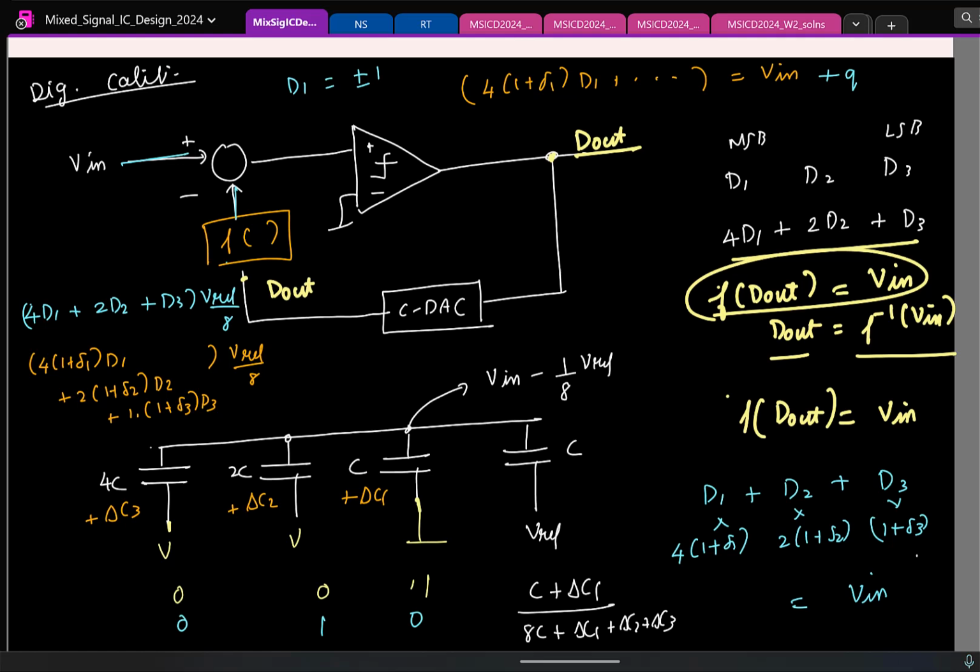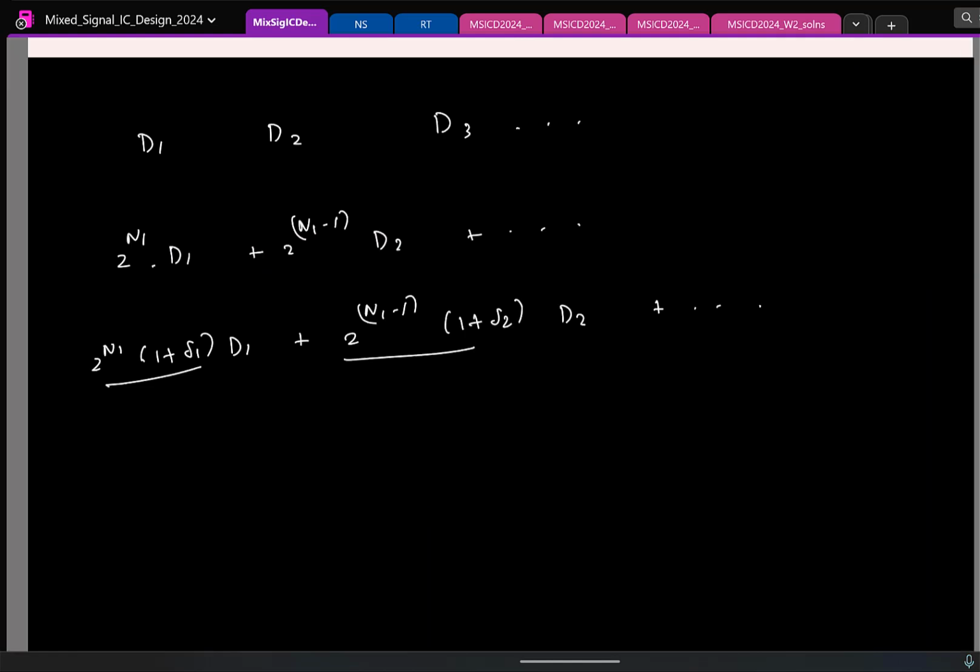Of course, the challenge is you have to find out exactly what the mismatch in the capacitors is. There are different ways in which you can do that; I am not doing that. But if you can get an estimate of the capacitor mismatches, then you can incorporate the same quantities here and reconstruct the final output so that you don't have this nonlinearity.